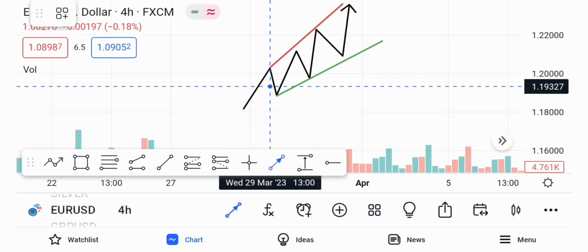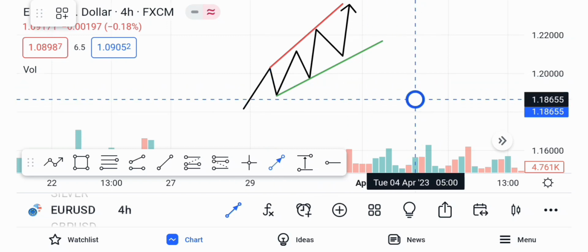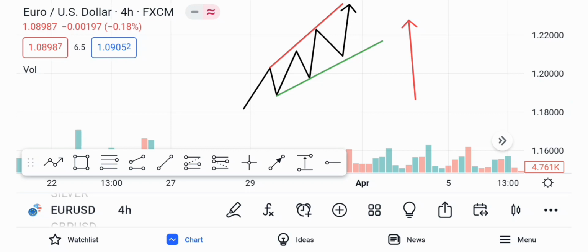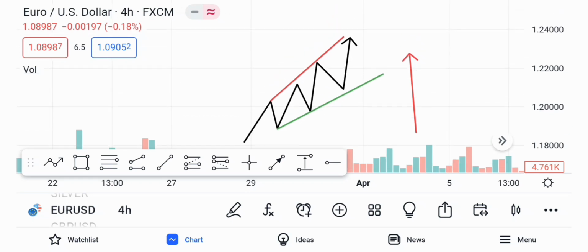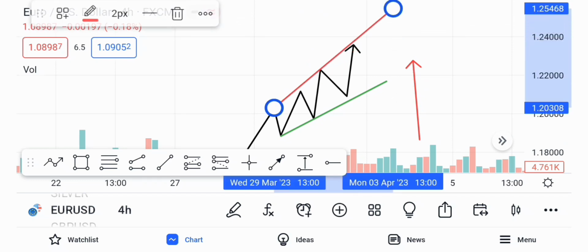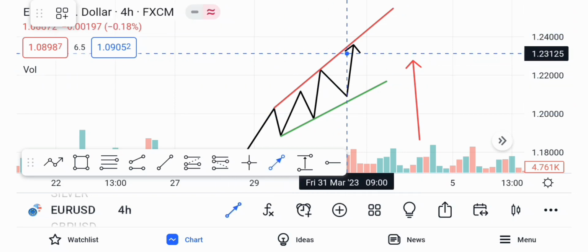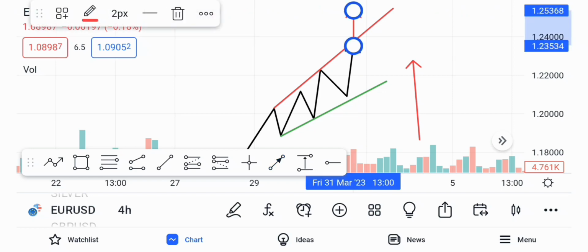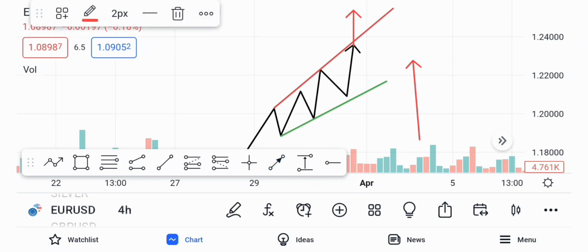In this trend, we can see this is a bullish trend. If the market is bullish, what do you expect? When the market breaks our resistance line, going in the direction of the trend, we call it a continuation pattern.